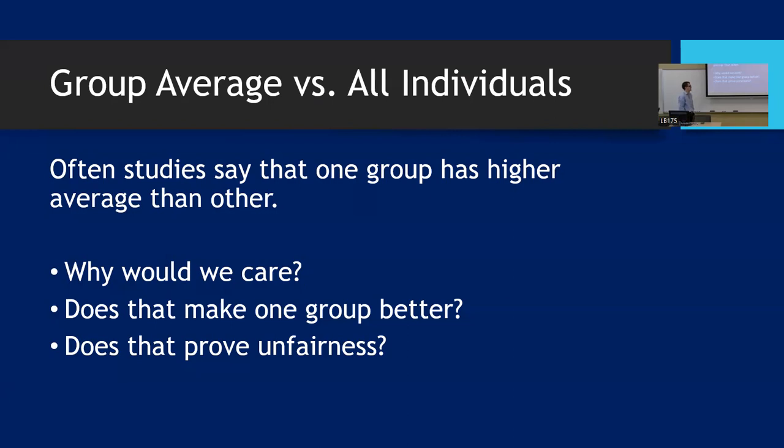And why would we ever care which group is higher or lower than the other? Well, we care if we want to try to fix problems in society, and allocate resources to the right places to help fix problems.